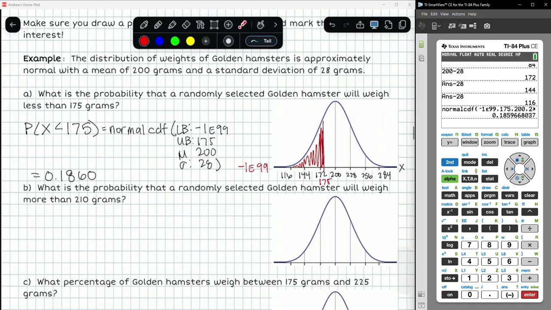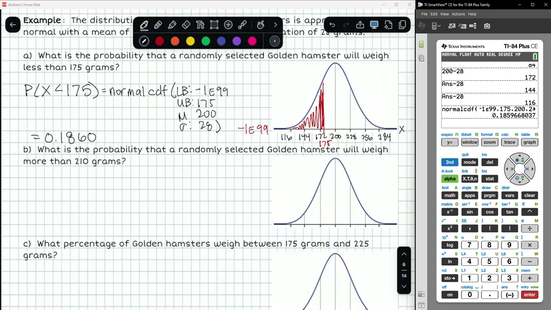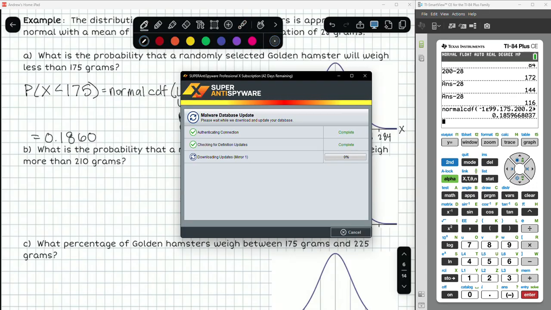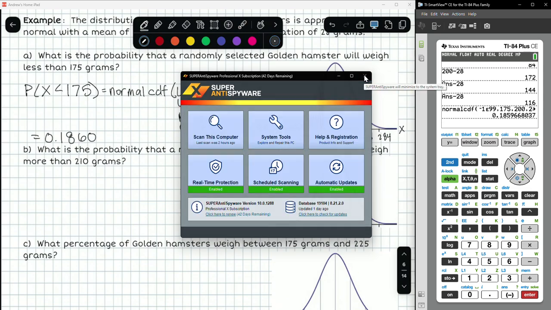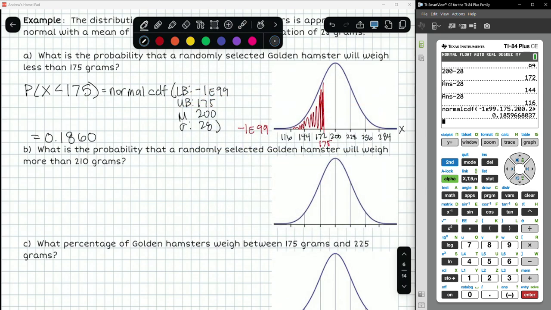All right, try another one. What is the probability that a randomly selected golden hamster will weigh more than 210 grams? So P(X) is more than 210 grams.